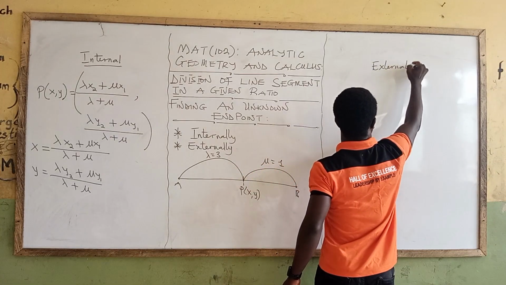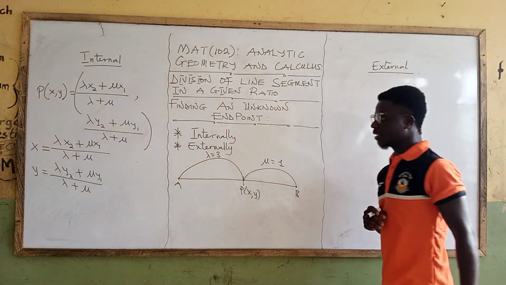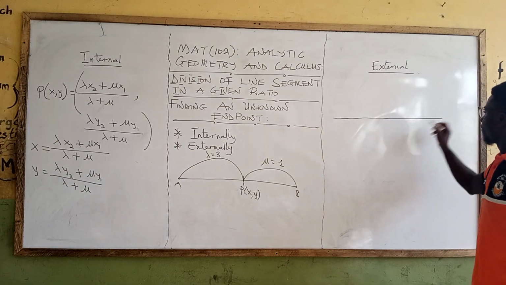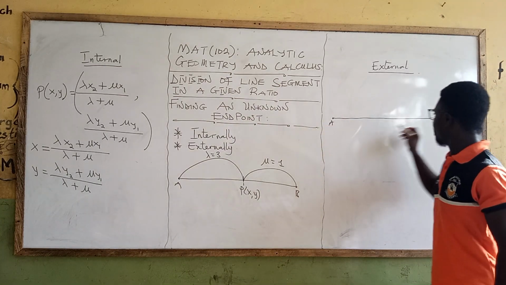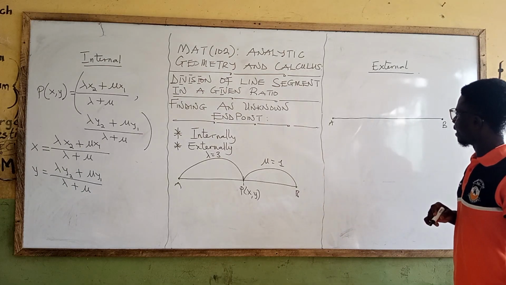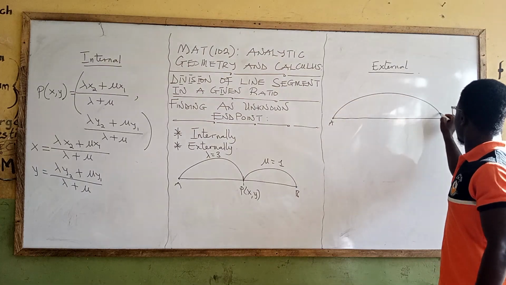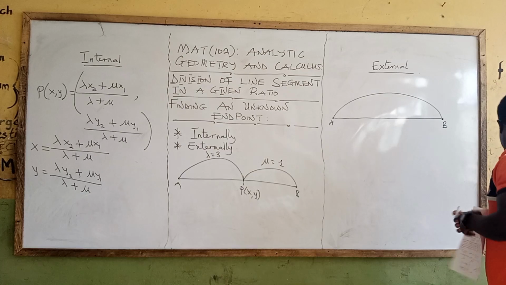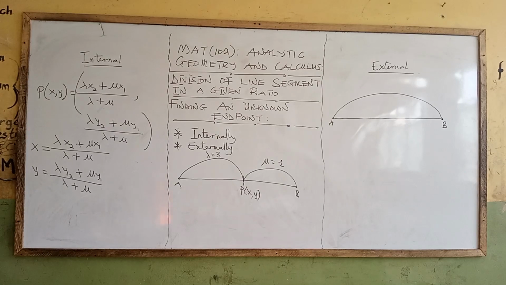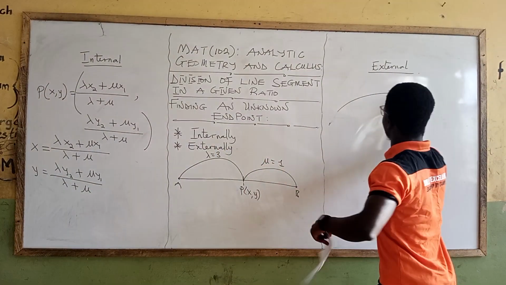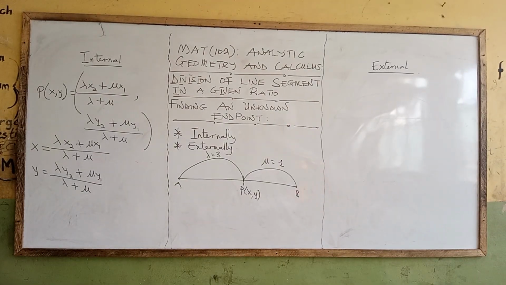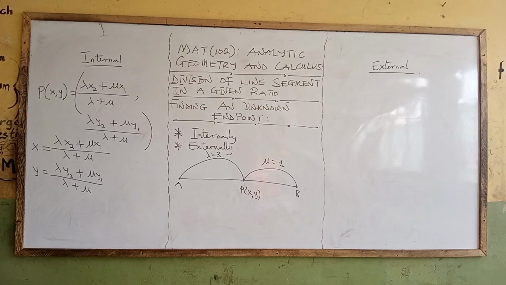The external division: dividing a line segment externally. I have a line segment joining points A and B, so let's clean this up and see how best we can tackle it. Alright, let's continue.